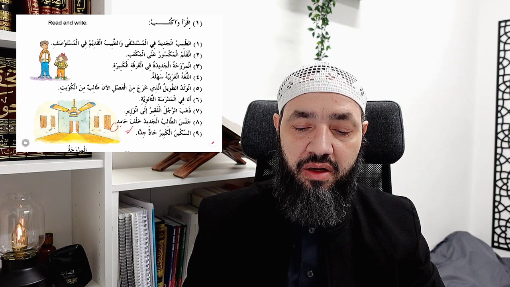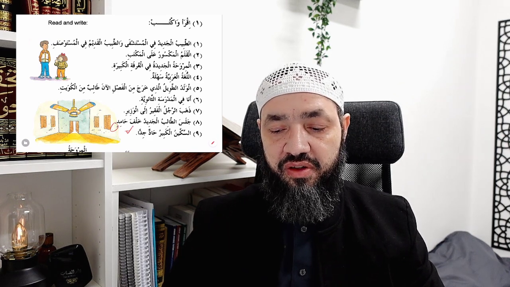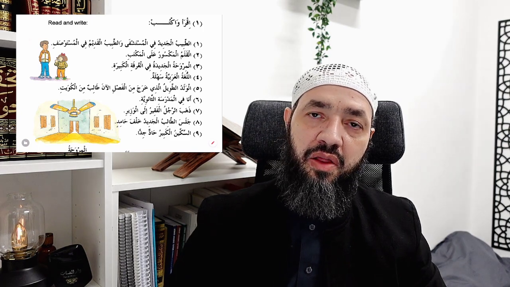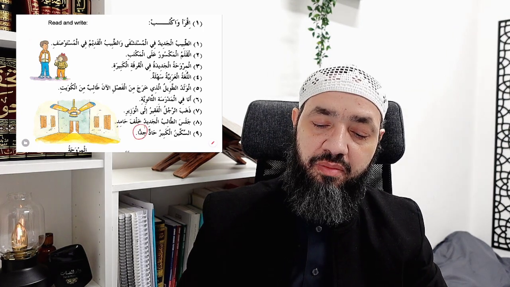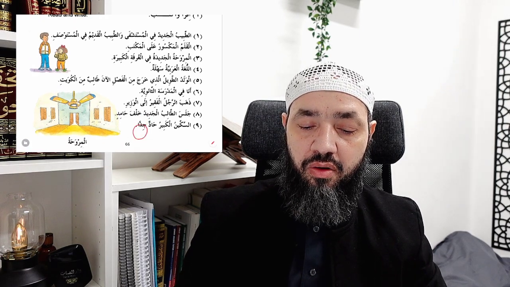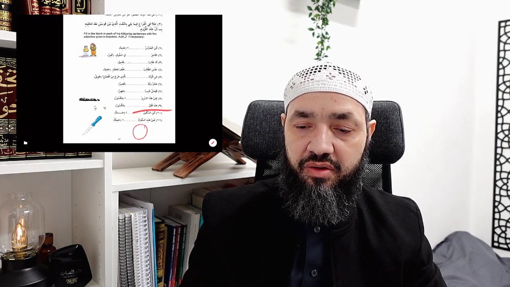Again, خلف, and the word after is مضاف إليه. We did that in the previous lesson. السكين الكبير حاد جدا. The big knife is really sharp. جدا is to show a degree of emphasis or intensity.